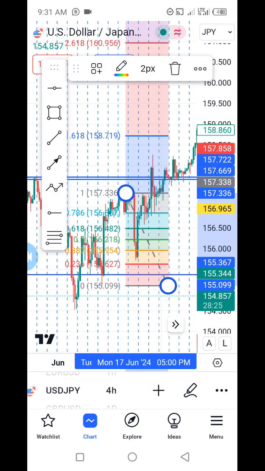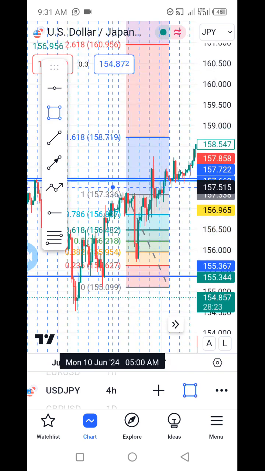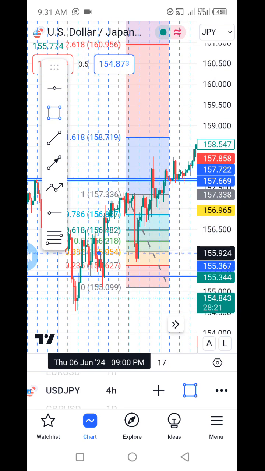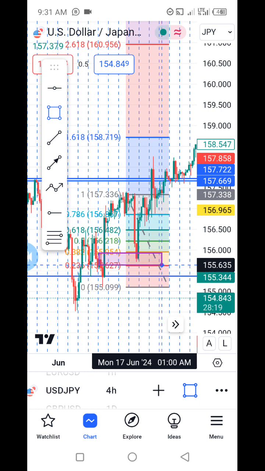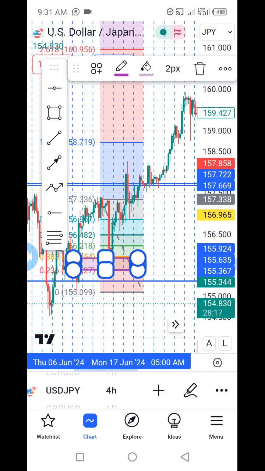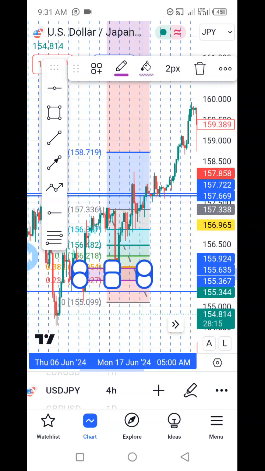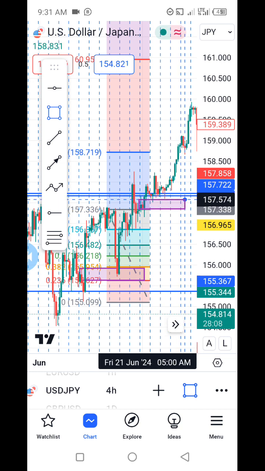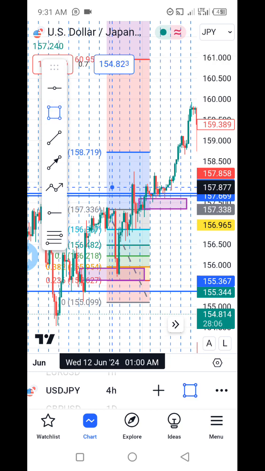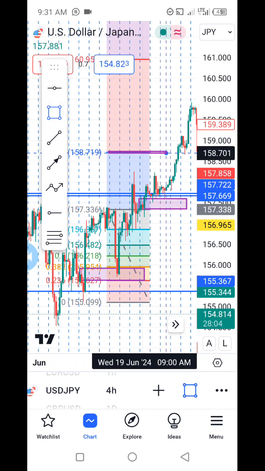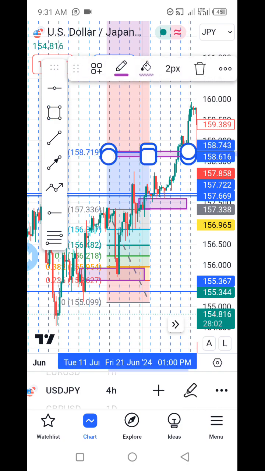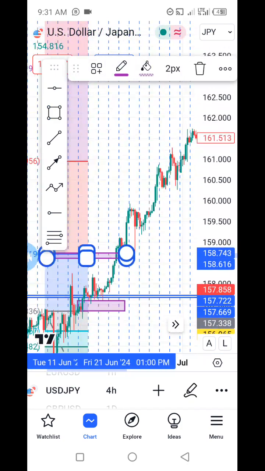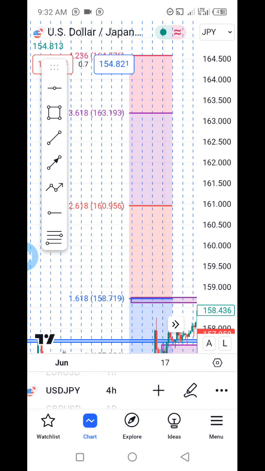As you can see here, you see price get to the 23% zone and start pulling back up. You see, so that's how to use it. And your take profit will be either your 100% zone here, either this zone here, or this zone here, if the trend will continue going bullish, right? So that's how to use this Fibonacci retracement.